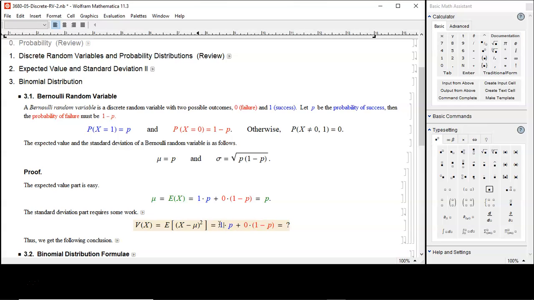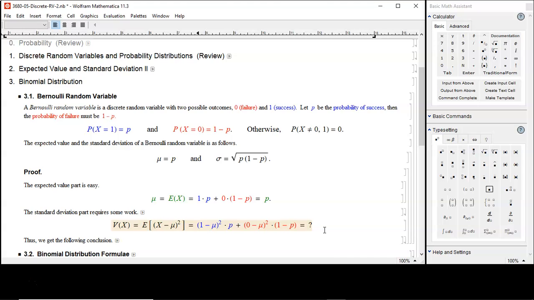But not just x, but x minus mu squared. See, x minus mu squared here, and x minus mu squared there, where the x value is 1 for success, 0 for failure, right? So 1 for success, 0 for failure. Why did I lose the color coding?